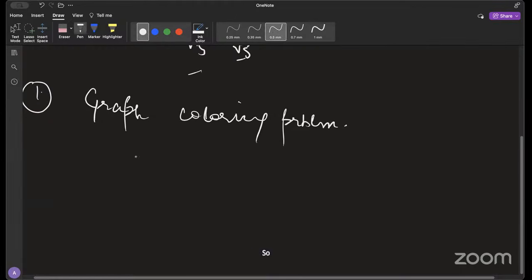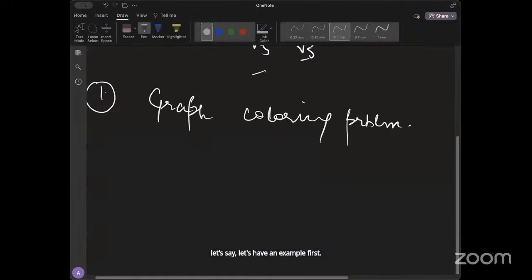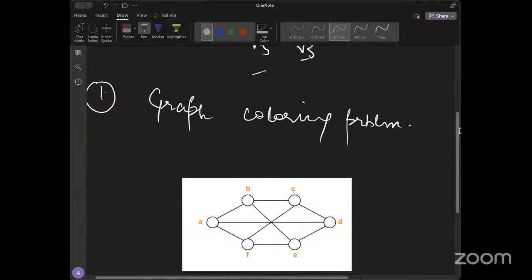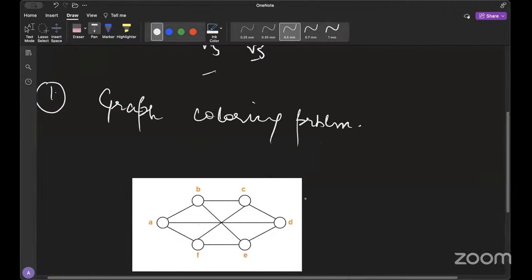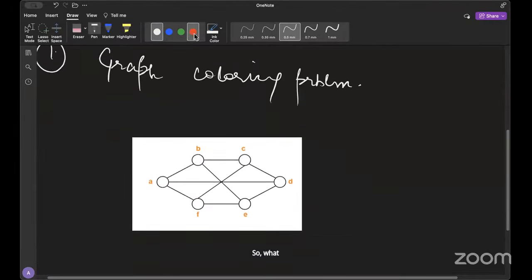So the graph coloring problem is basically, let's have an example first. Let's have this. So what do we do in a graph coloring problem? Our aim is to color these vertices with the minimum number of colors such that no two adjacent vertices have the same color.